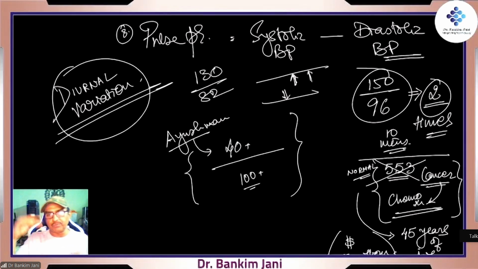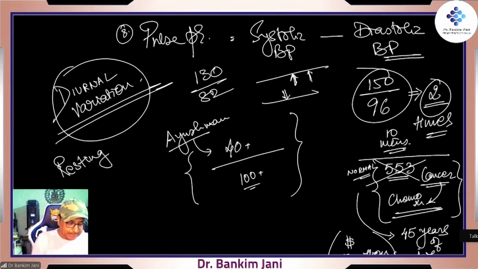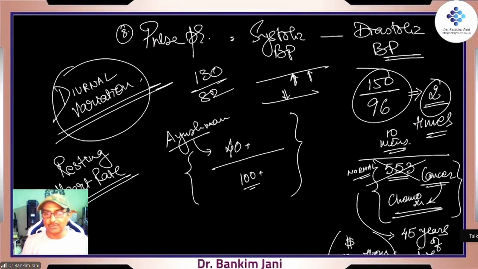It's something which is varying every day, the way your temperature varies. That's why when you go to sleep, you'll find that temperature dips. When you sleep, there is a wonderful thing called the resting heart rate. If your resting heart rate is less, that is your actual fitness.